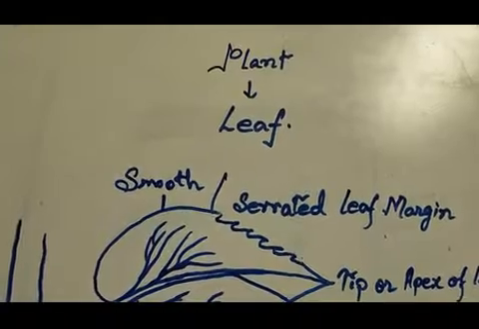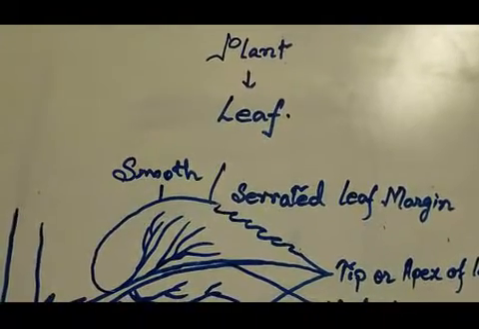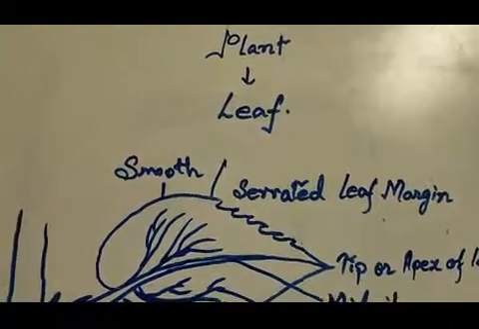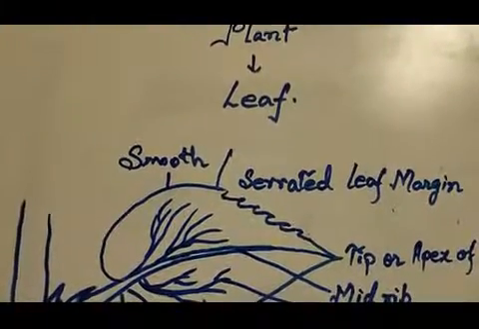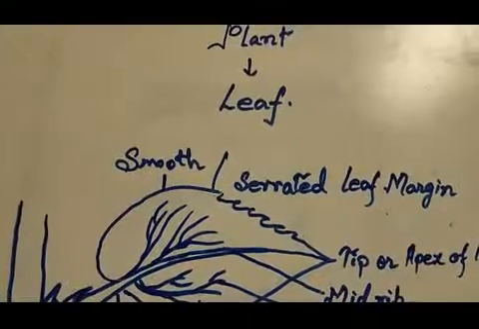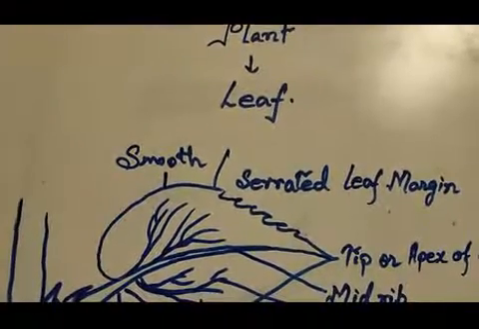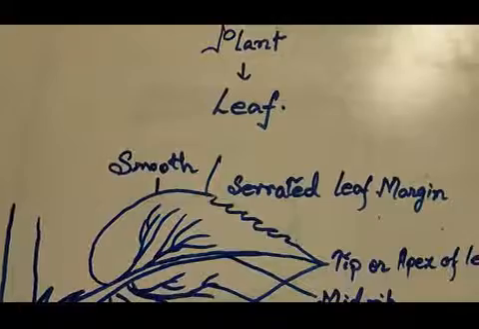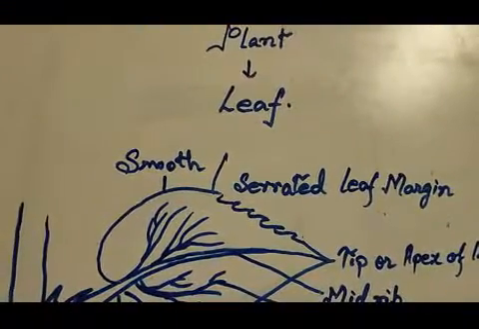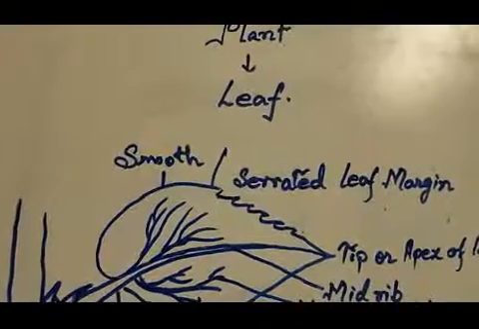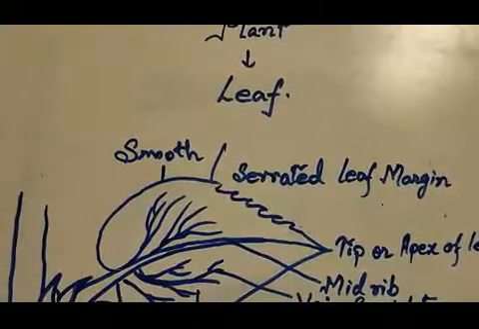Today we are going to discuss the leaf of a plant. By talking about a leaf, we usually visualize a green, thin and flat bladed outgrowth of a stem which performs photosynthesis.